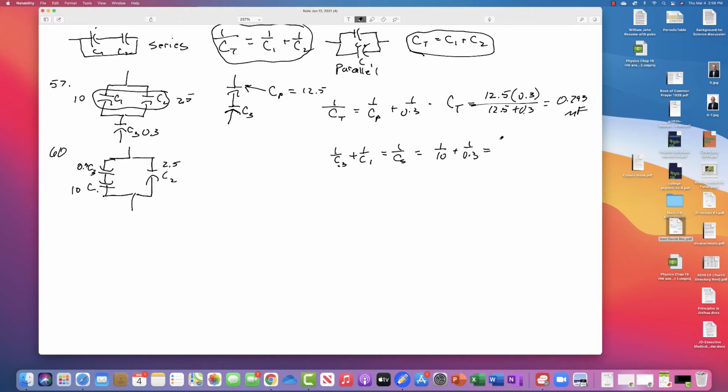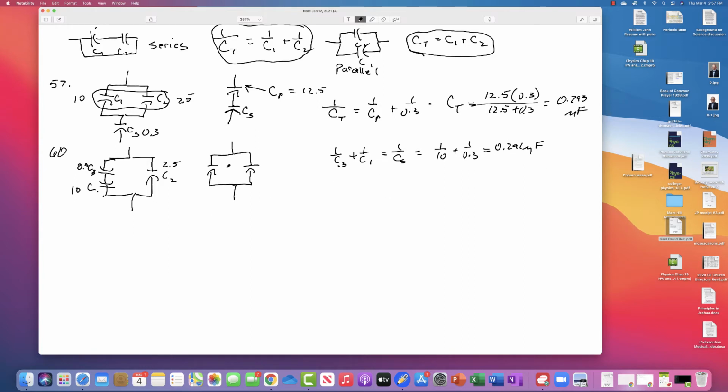And if you do the math on this one, you end up with 0.291 microfarad. And so now you can redraw this so that it looks like this now. So that it's just two capacitors in parallel, which you just add together.